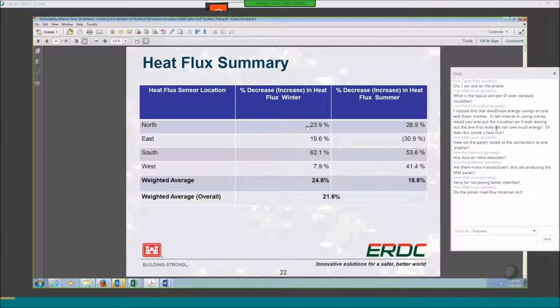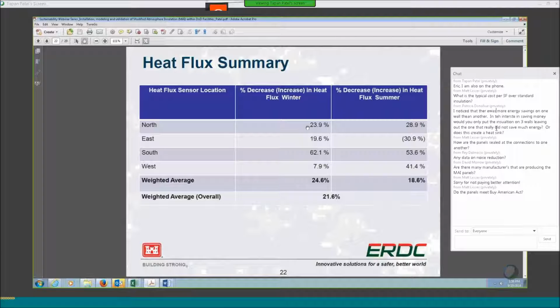From my understanding, many of the manufacturers, not all of them, are smaller businesses, and so they're still trying to get to a commercial scale. Depending on what your objectives are for the construction or retrofit of a facility, the cost may be one of the barriers.